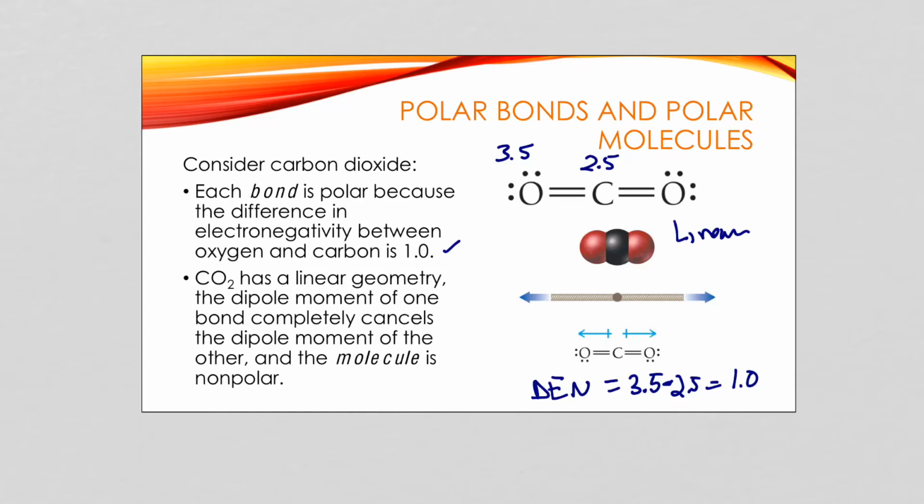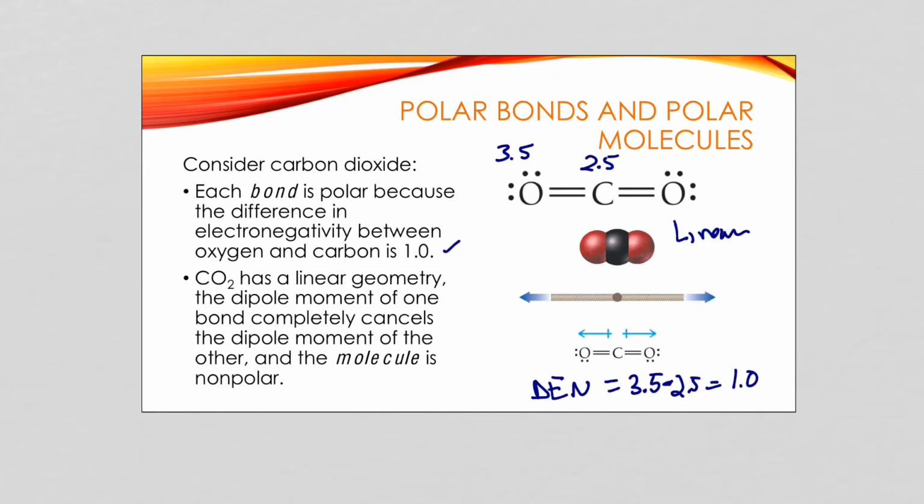Now, if we look more globally at the molecule, we see that we have 2 polar bonds here, one here and one here. We use these little vector arrows to represent the direction that the electrons are going. Oxygen is more electronegative, so these electrons are going this way toward this oxygen, and this way toward this oxygen.